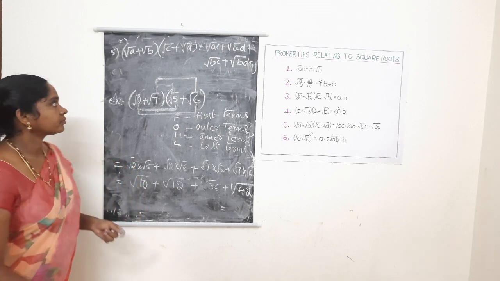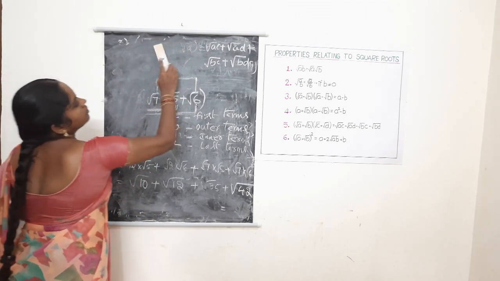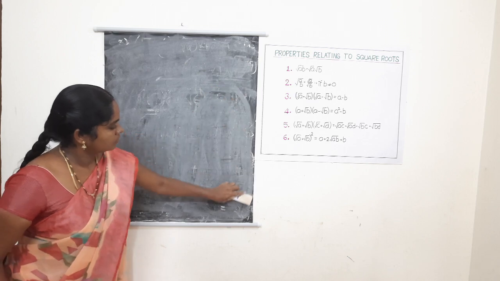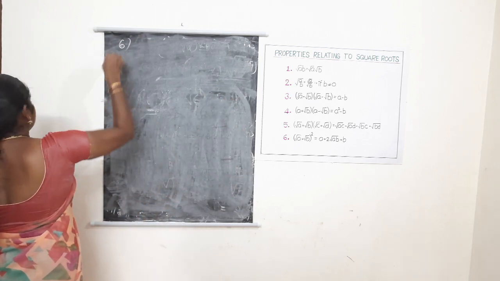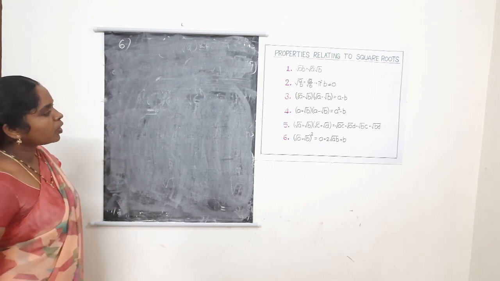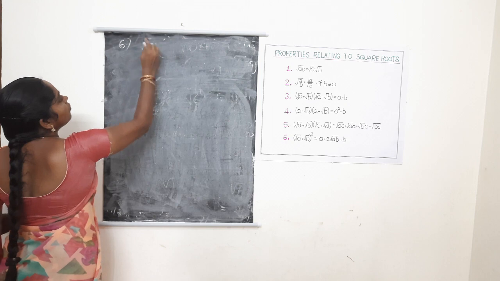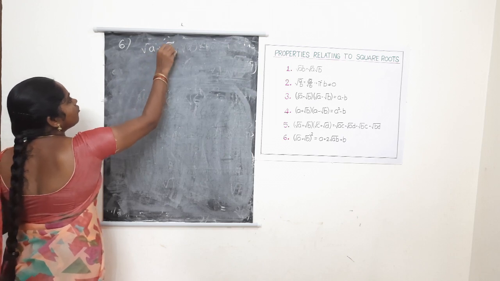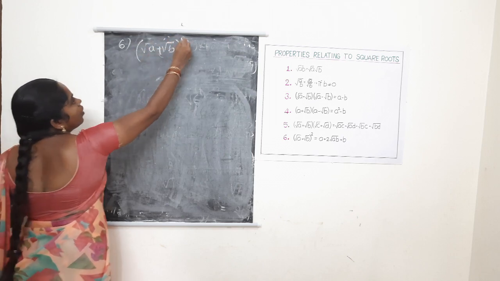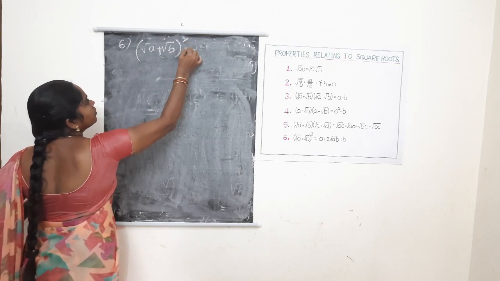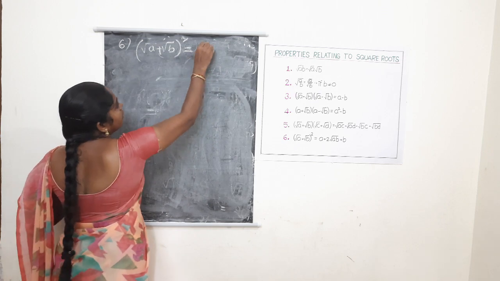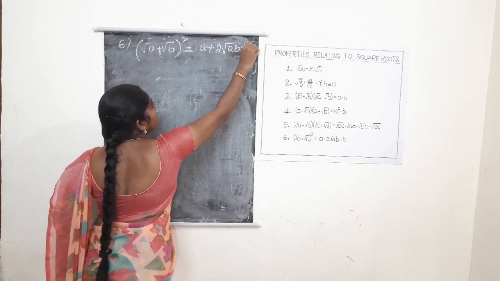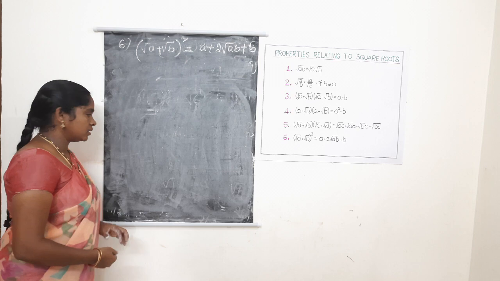Next, the sixth property: (√A + √B) whole square is equal to A + 2√AB + B. This is the sixth property.